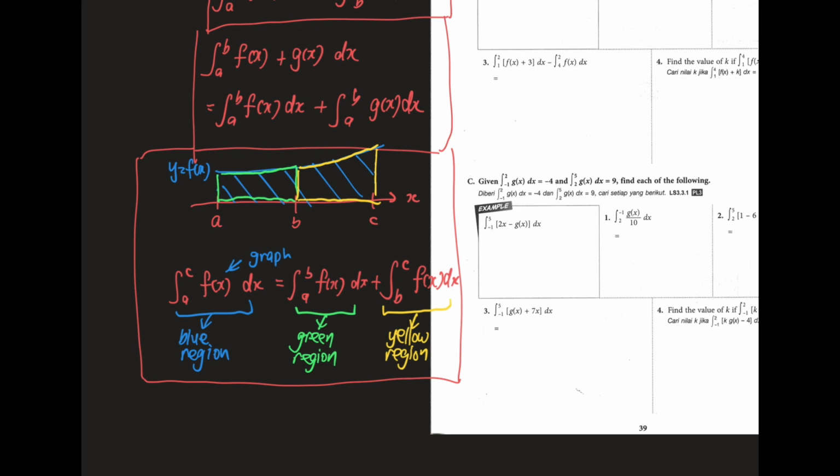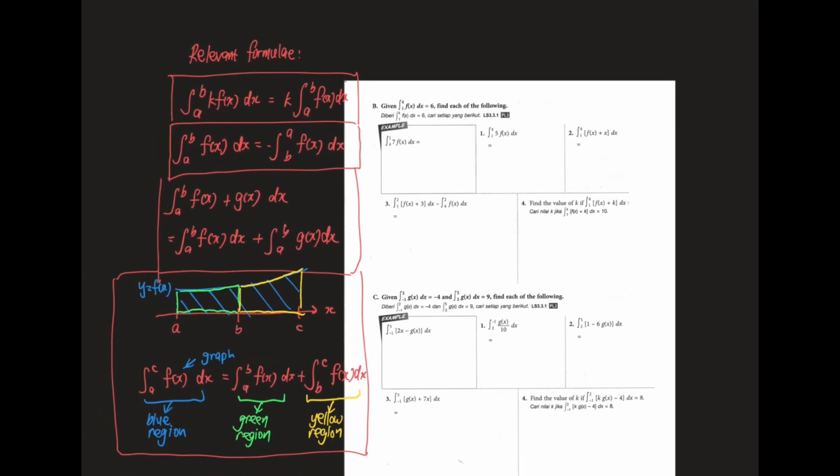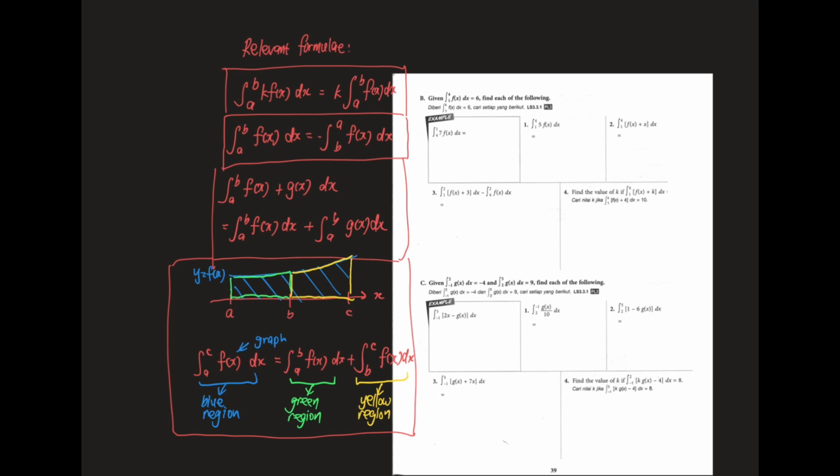Okay, now let us apply it. I will tell you which formula I am applying when I do the example here. I number it first: formula 1, 2, 3, 4. Now we see the example.